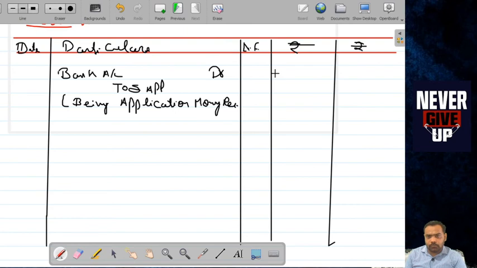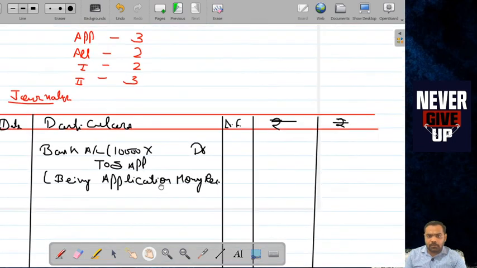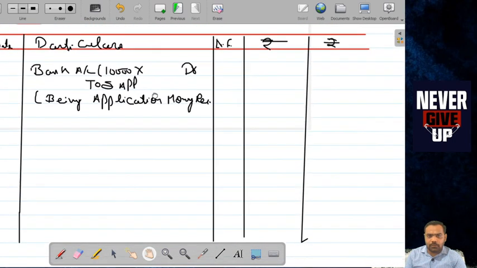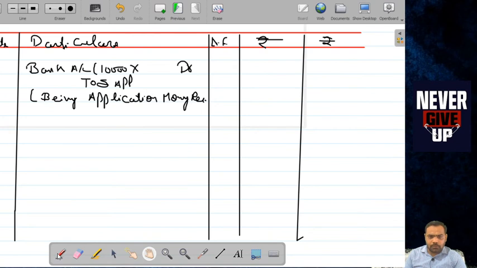Okay, and the number of shares is 10,000 and the application money is 3 rupees. It means the total value is 30,000.